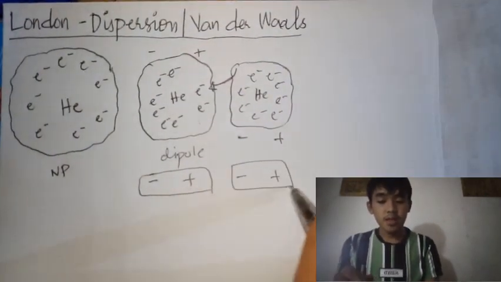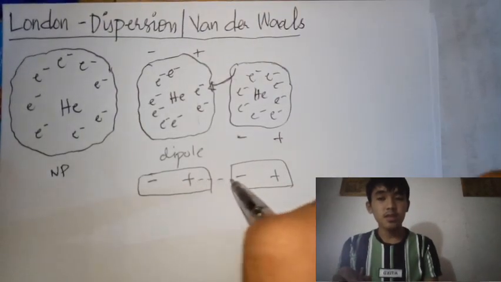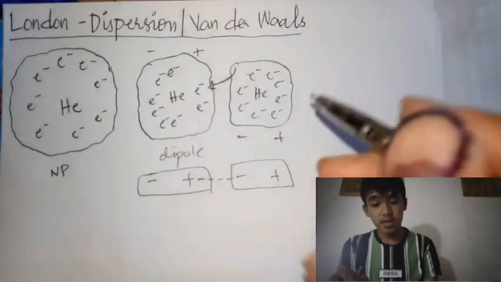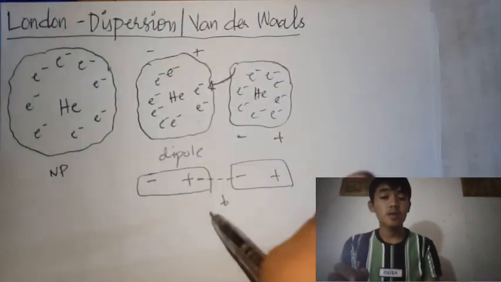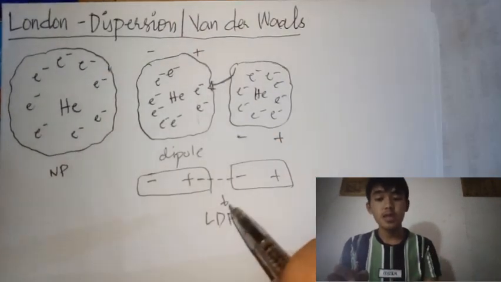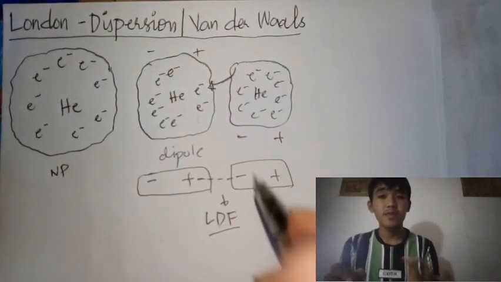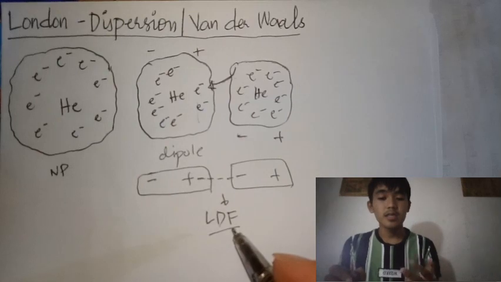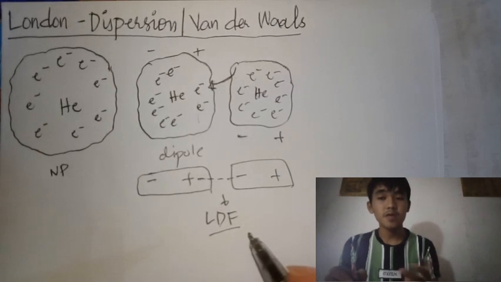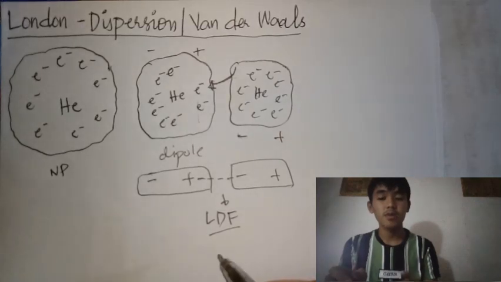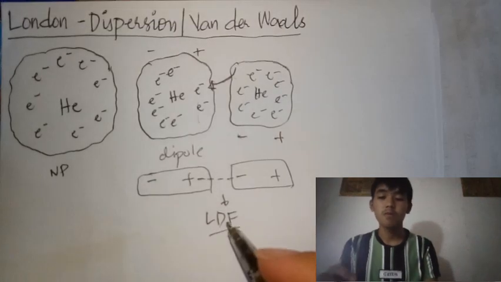The interaction that occurs between these two, the positive and the negative, is what we call the London dispersion force. This is a very, very weak interaction, in that it is very fleeting. The London dispersion force here is weaker than any dipole-dipole interaction.